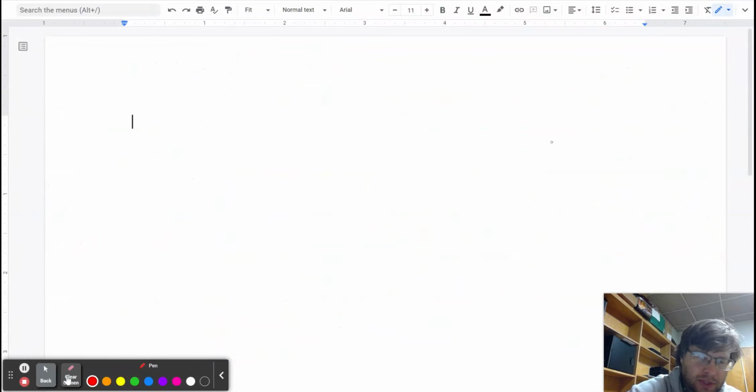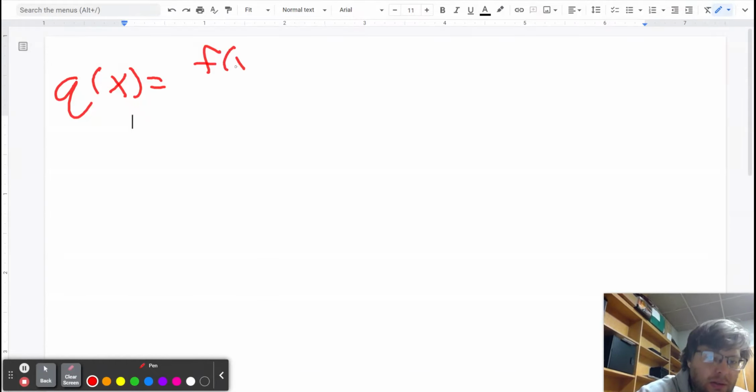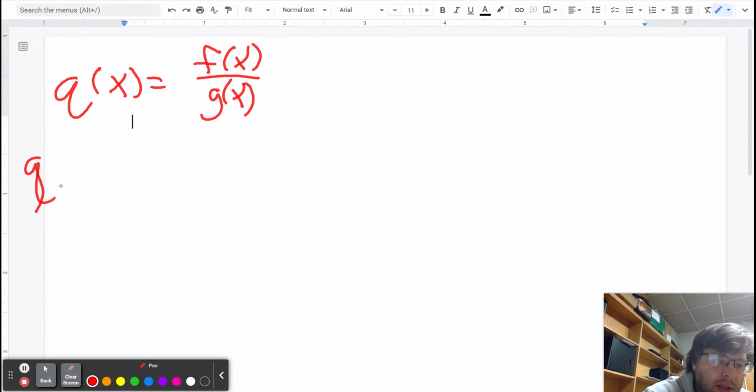So then now here's the quotient rule. Let's say that we have a function q of x that's equal to f of x divided by g of x. And let's look at what q prime of x looks like.